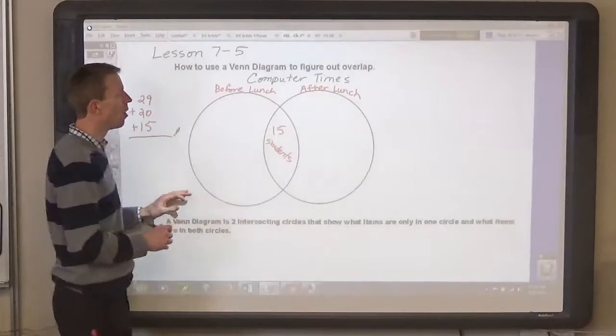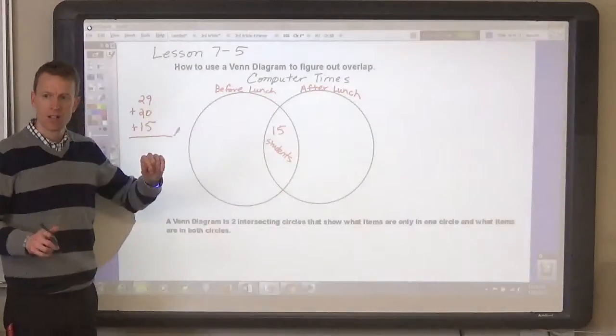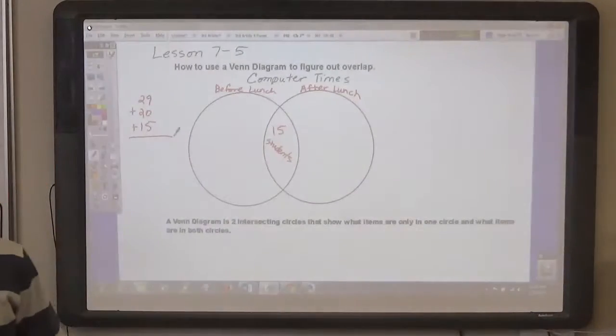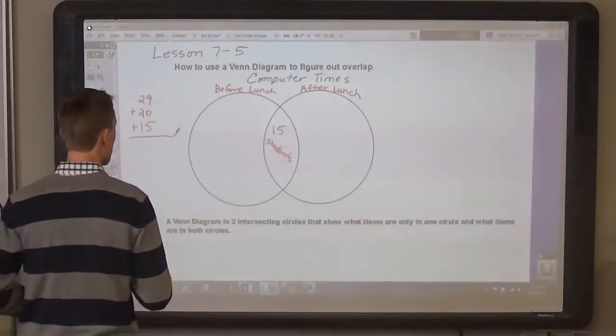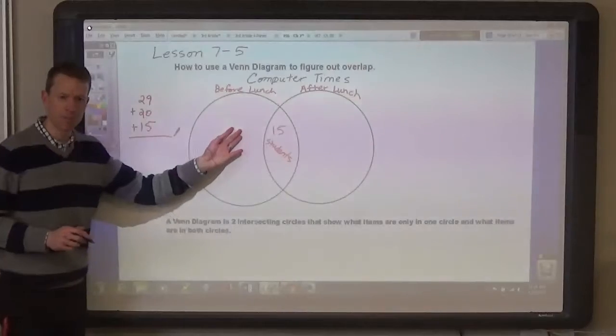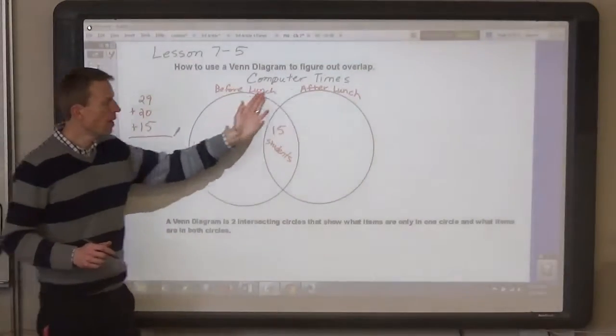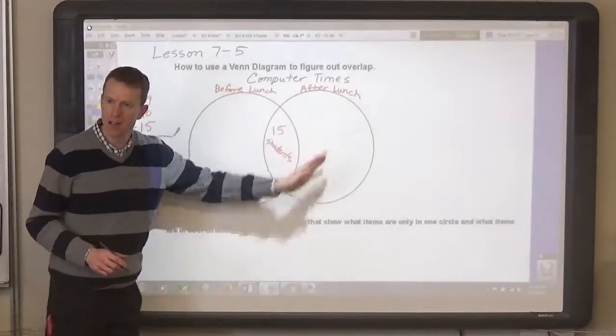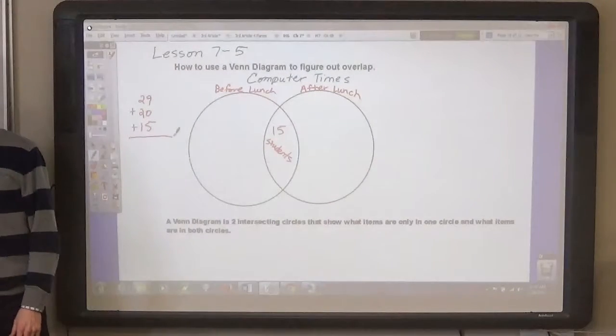So what we should do is we can figure out these numbers. Girls, pay attention. You can figure out the numbers if you draw a Venn diagram and you label what each circle means, what each circle represents, and then go back to the problem and label each of your titles.